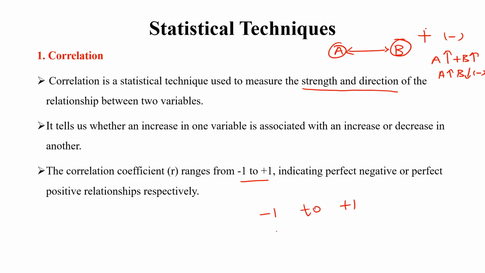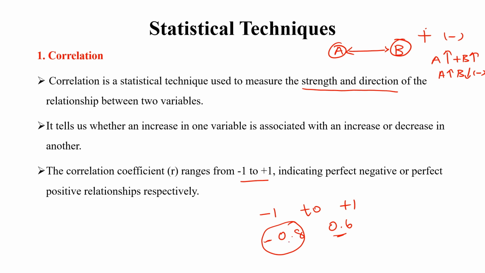So -1 doesn't mean that the relationship is weak. It just means that the relationship is on the negative side. If there is a question which asks which among -0.8 and 0.6 is strongly correlated, it is not 0.6 but rather -0.8, because it's just a negative direction but the strength of it is towards 1.